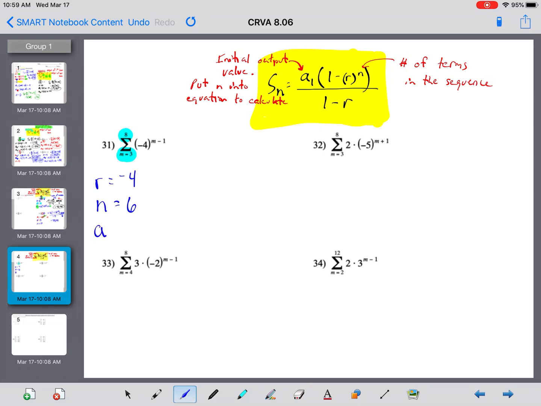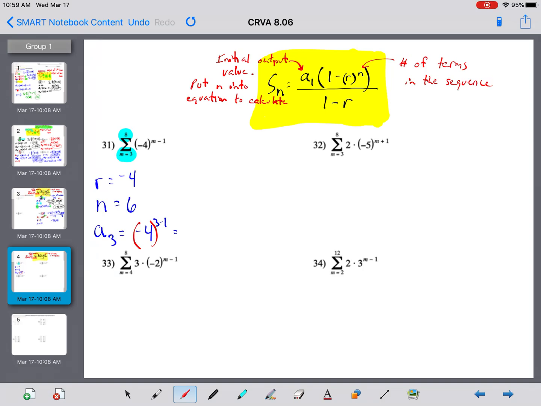Now it's not going to be a sub 1, it's going to be the first term in this series. So it's going to be a sub 3. So we're going to plug 3 in for m. So we're going to have negative 4 and make, ooh, Mr. B typed this poorly, very poorly. You have to use parentheses around that base.